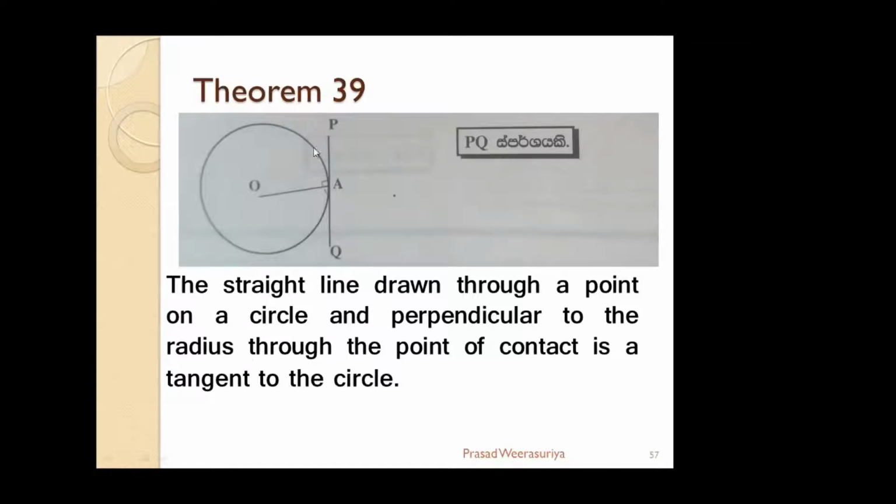Can you draw this figure and then write the theorem? The straight line drawn through a point on a circle and perpendicular to the radius through the point of contact is a tangent to the circle.